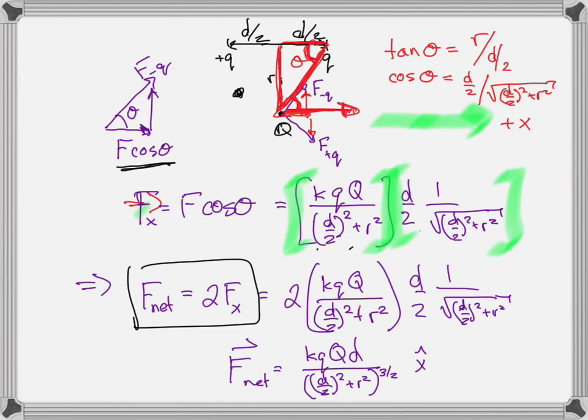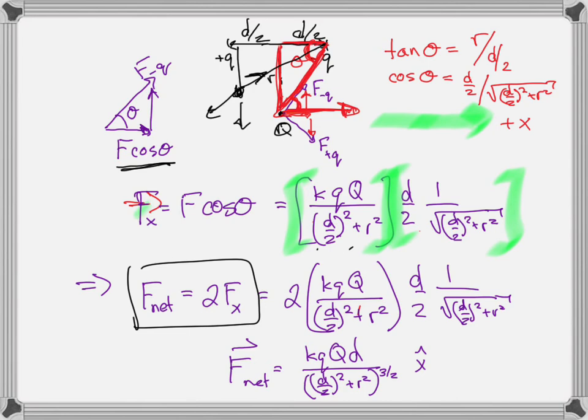The reason the net force is 2 times the x component is because it's a symmetrical problem. If I go off axis, it's not symmetrical anymore, and it's slightly harder. We would have to find the radius vector there and there, and add these two forces.